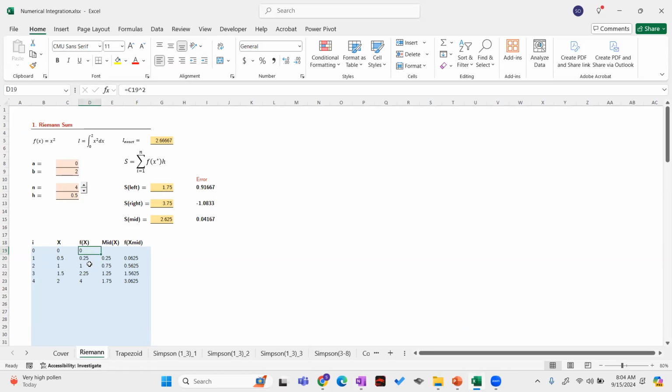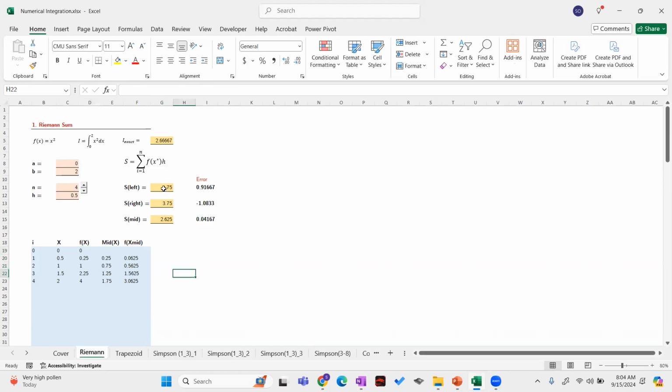I just take the y0 one, not the y1. In this interval, the height is 0. In this interval, the height is 0.25. In this interval, the height is 1. In this interval, the height is this. That's all. So for left, I've basically taken h times the sum of these 4 quantities.